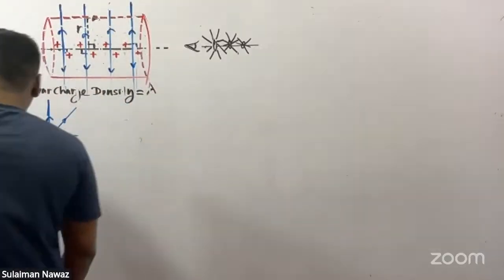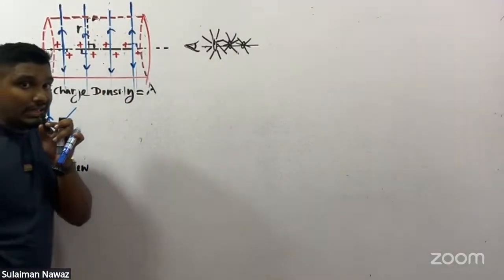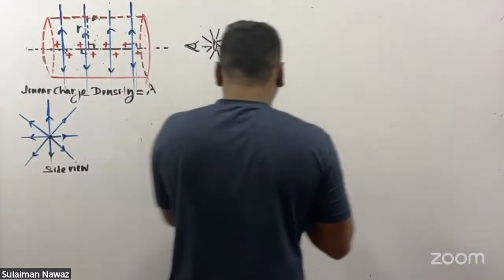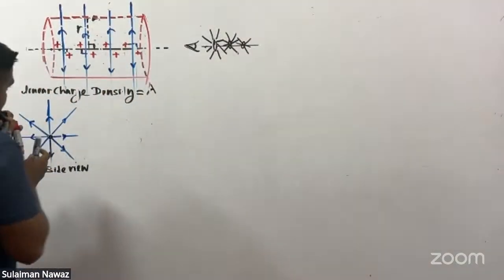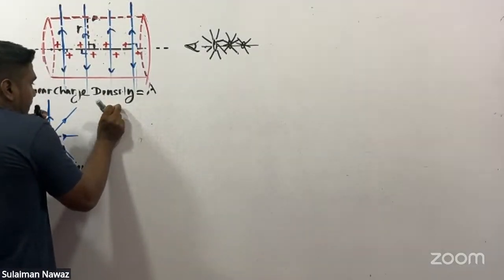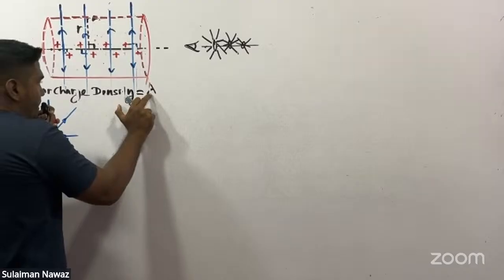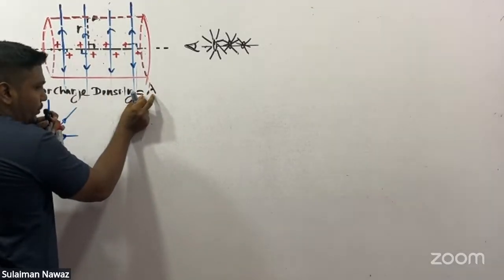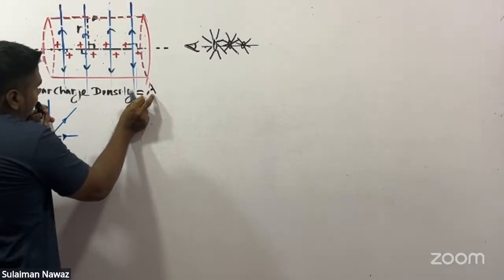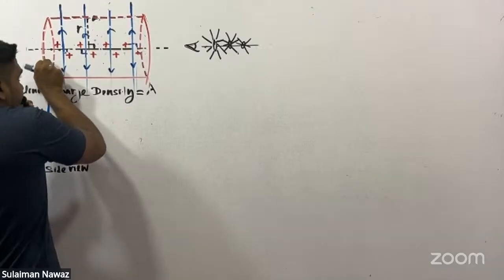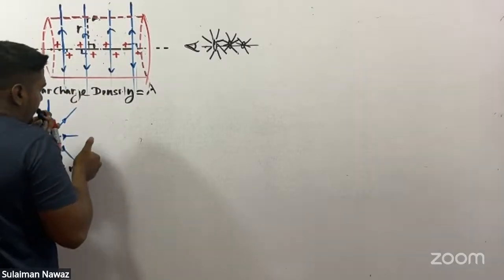Step number four is find the total charge inside the Gaussian surface. How am I going to find the total charge inside the Gaussian surface? Sir, you have given the linear charge density as lambda. That's okay. But the problem is, sir, you told us in the beginning, this conductive wire is infinitely long.